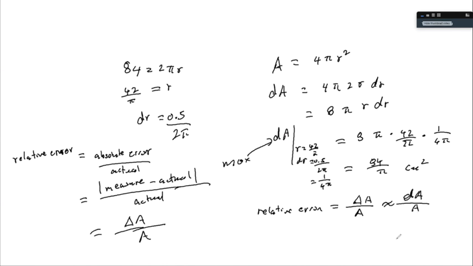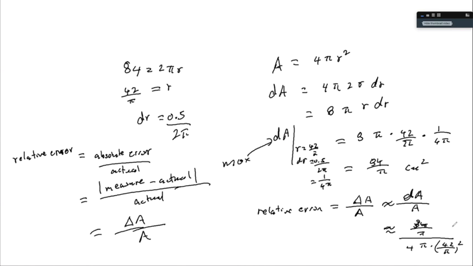The area. So we already found dA already, right? Which is 84 over pi, divided by the actual area, which is 4 times pi times r squared, which is 42 over pi squared. And if you simplify that, that will give you the relative error.